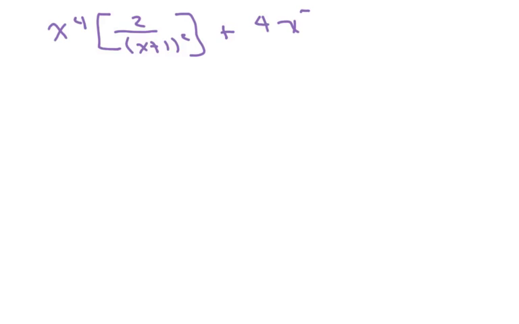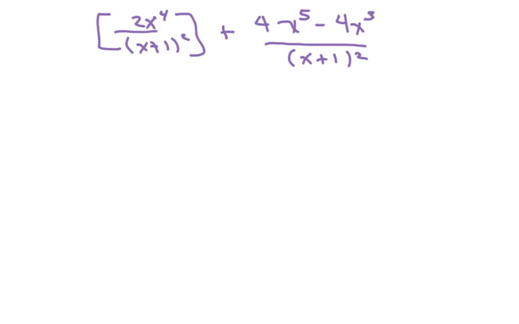We're going to have x to the 4th times 2 over x plus 1 squared plus, and if I multiply this, I'm going to get 4x to the 5th minus 4x cubed over x plus 1 squared. And so this is 2x to the 4th.